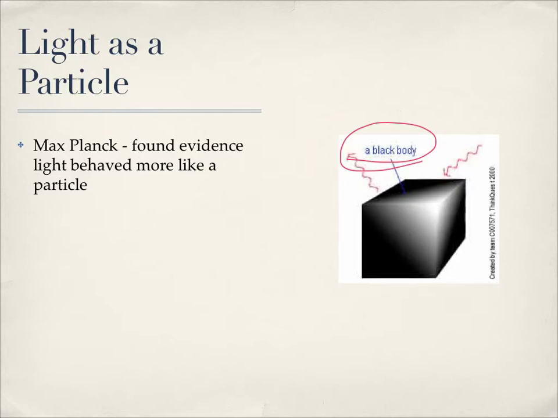In working with black body radiation, he found out that it acts more like particles. You could put energy in, but you only got it out in discrete particles, those quanta, those little packets of energy that come off.